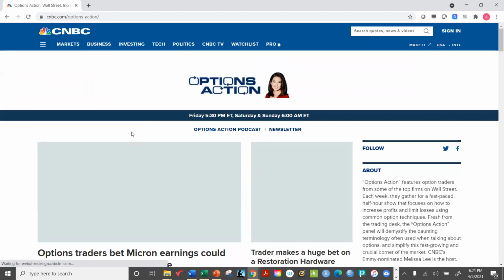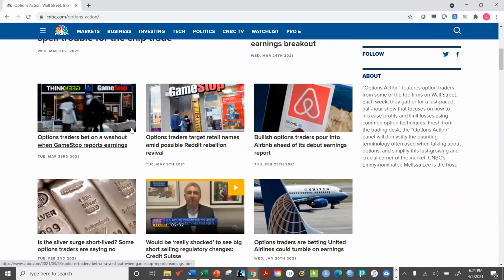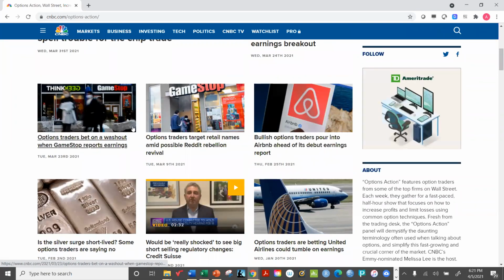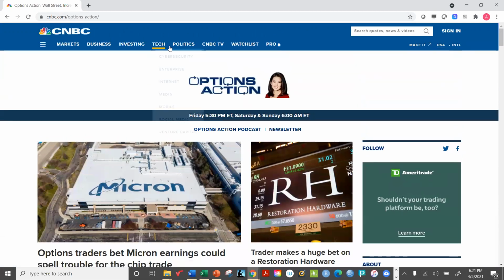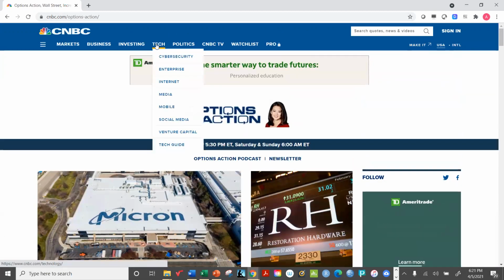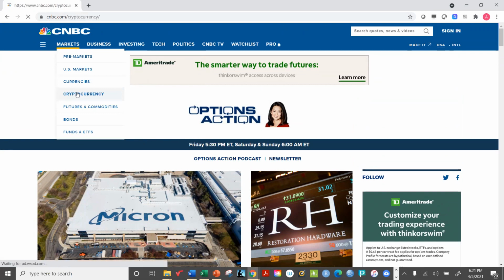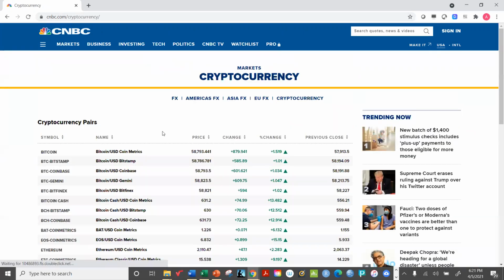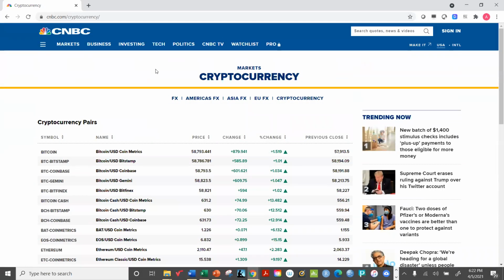I don't know what that is. Yes, so there's all kinds of information on this website. It looks like they have a separate section for options. They have information about US markets, currencies, crypto. Apparently Bitcoin is going through the roof. And I don't have the slightest idea why, but they are.